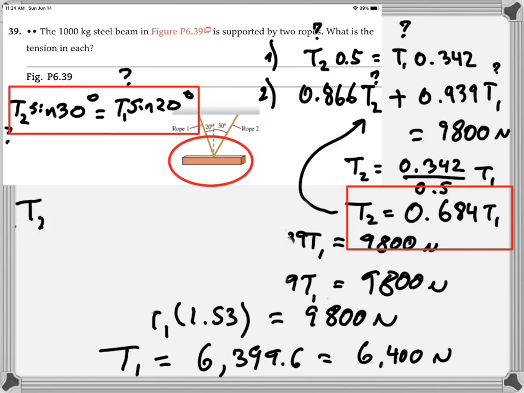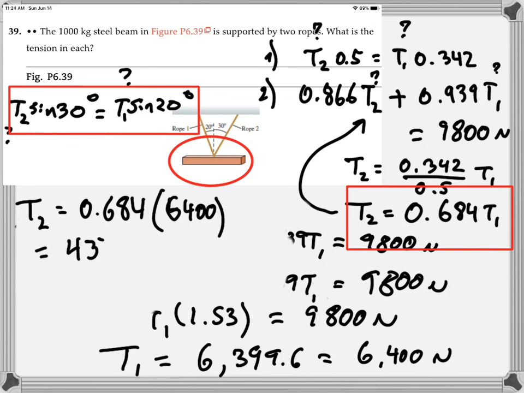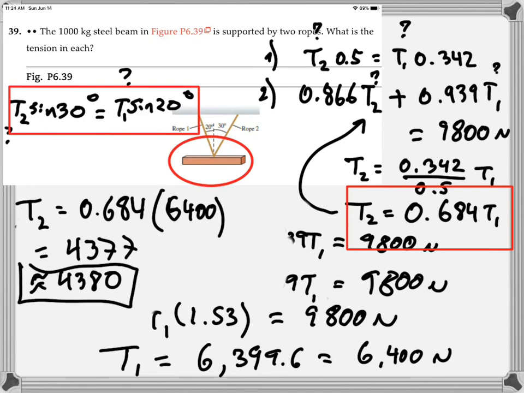So T2 is going to be 0.684 times 6400. Final answer is 4,377, which I'm going to round to 4,380 newtons. So those are the two answers for the tension.